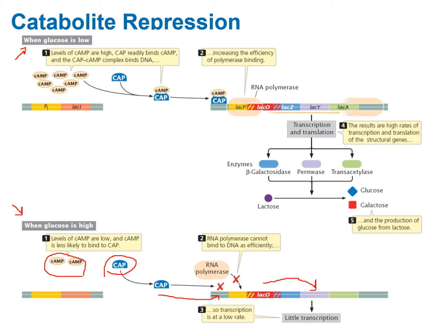But when the level of glucose gets low, the cell starts panicking. It produces a lot more of the cyclic AMP, and the chances of that cyclic AMP binding the CAP protein go up. When cyclic AMP binds the CAP protein, it activates it.